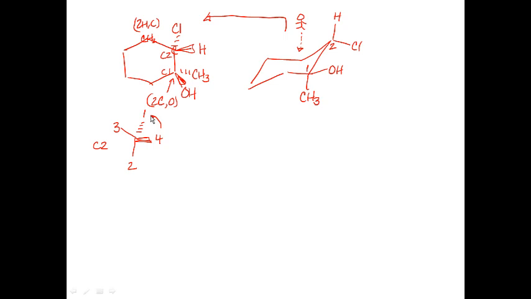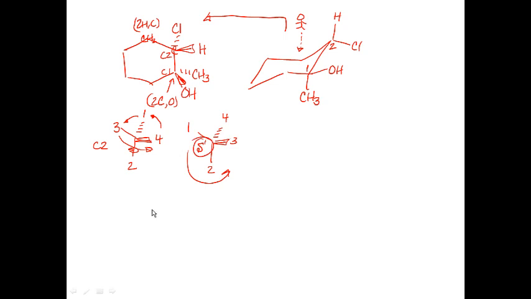How about I rotate it in this case just to show you how that would be done. So if I make these rotations, I'm just going to write it a second time so that I don't get confused. My 4 goes back, my 1 comes forward, my 3 goes to the right, and then 2 never moved because that's what I grabbed to rotate around that carbon-carbon bond. Now with my 4th priority group away from me, going from 1 to 2 to 3 is counterclockwise, so C2 has the S configuration.